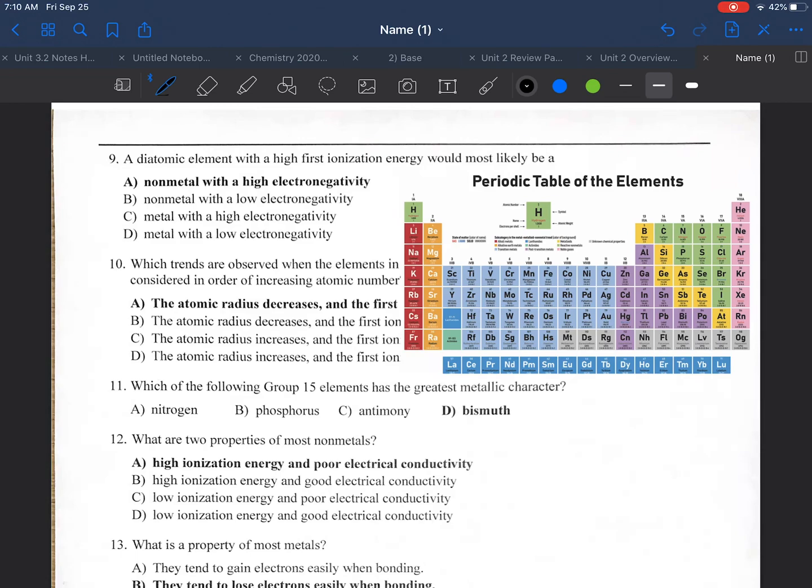If we remember that ionization energy trends up and over, where do the nonmetals live? They are over in this region. This means that nonmetals are going to have a high first ionization energy. So we're looking now at our nonmetals. Then if we think about the trend of electronegativity, that trends the exact same way. So that's how we get A.